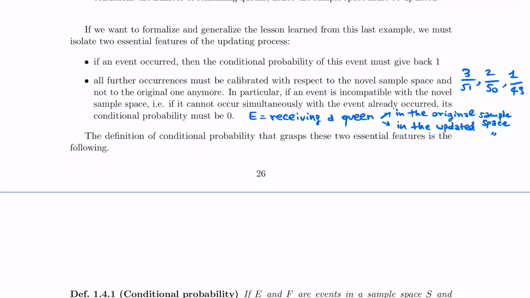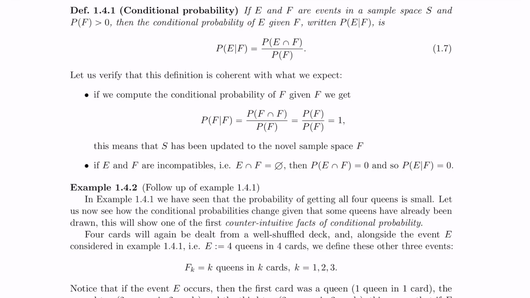In the next page, we're going to see that the mathematical definition of conditional probability takes into account these 2 essential features. Consider 2 events E and F in a sample space S, with the probability of F strictly greater than 0. Then the conditional probability of the event E given F, that is under the hypothesis that F occurs, is written with this symbol here, and it's defined with this formula.